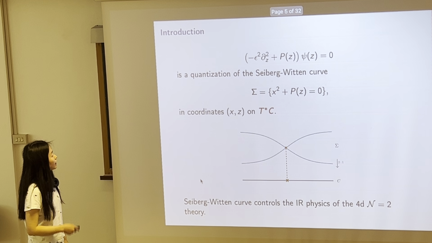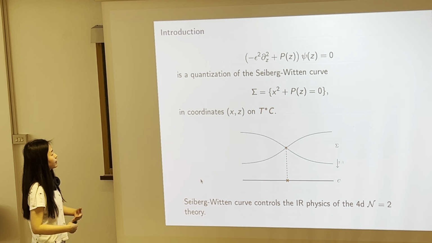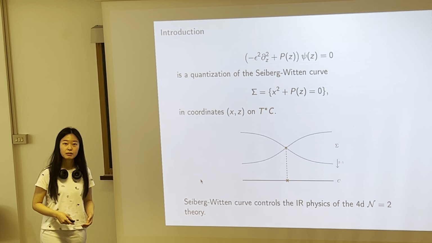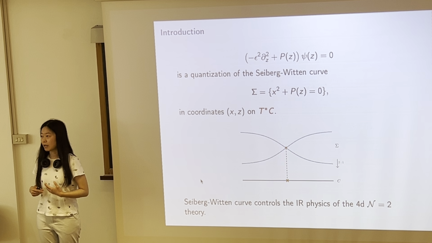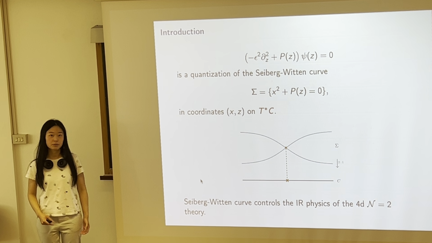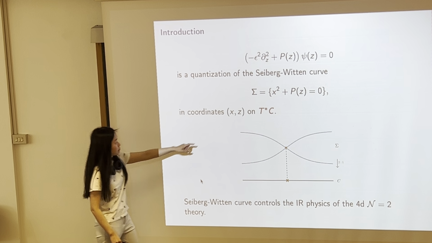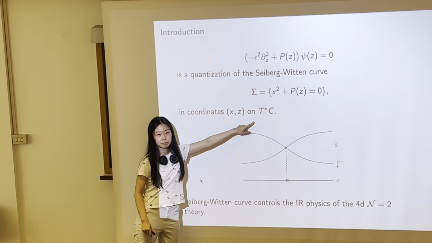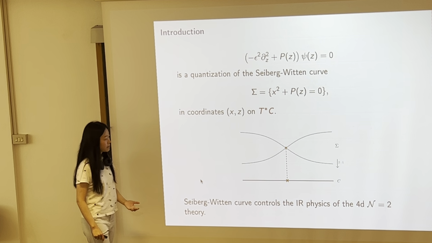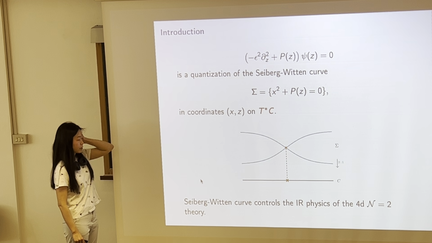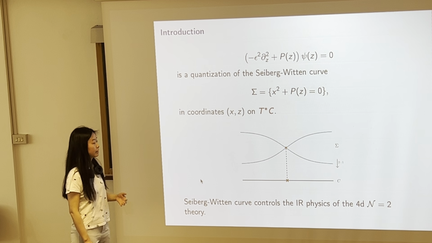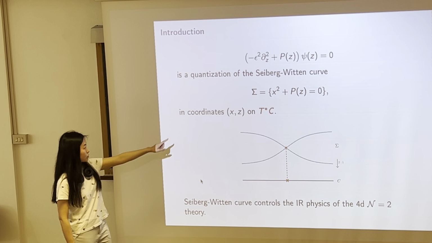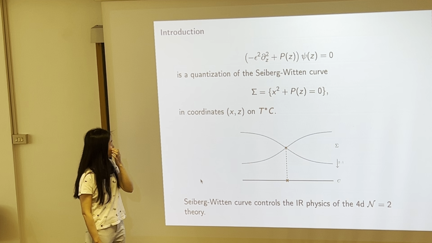And actually, there is a more intuitive and direct way to also see that such a differential equation can show up, which is we can study the Seiberg-Witten curve corresponding to the infrared physics of the 4D N=2 theory, which is given by this sigma here. It lives in the cotangent bundle of this Riemann surface C, and if we choose the coordinates on the fiber and the base to be x and z respectively, it has this form of x squared plus p(z) equals 0.